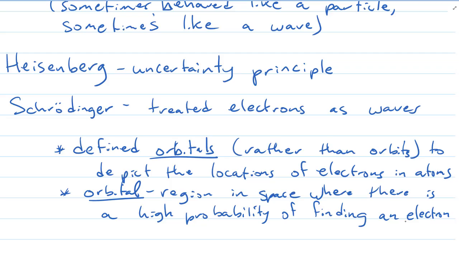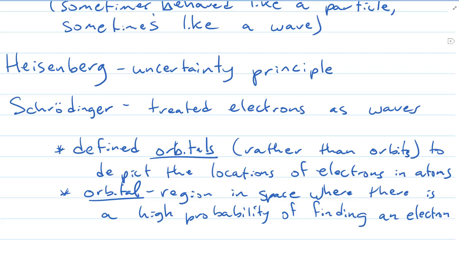This adopts the ideas of Heisenberg, where we don't know exactly where the electrons are located because we can't know their speed and location simultaneously, but rather we can talk about the probabilities of finding electrons in different locations. And so here's an example of what that means.